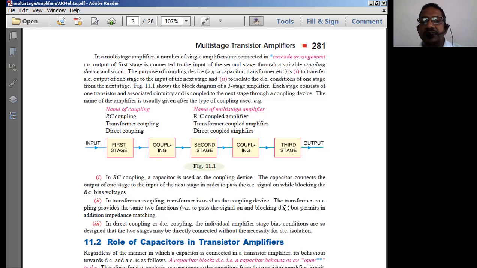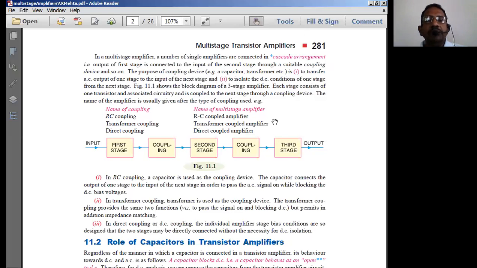As we discussed, we have two types of multi-stage amplifiers called cascaded amplifiers and cascode type amplifiers. Cascode we don't have in the syllabus, only the cascade type. When you interconnect amplifiers of similar type, it is called cascade. If you interconnect amplifiers of different types, then it is known as a cascode type of amplifier stages.